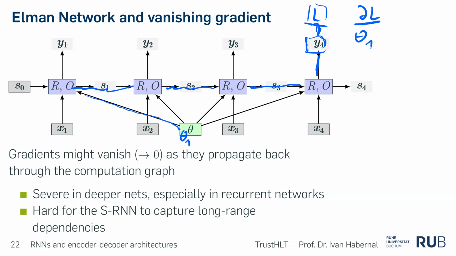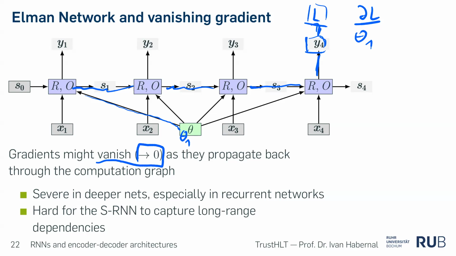The deeper the network is, or actually the longer the sequence is, the more multiplications you're going to have. And the trick is, what happens if you multiply too many very small numbers? It's going to be 0. That's called vanishing. It's going to be very close to 0, and then eventually it will be 0.